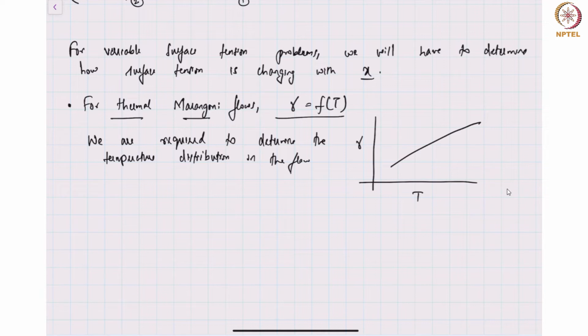We have now several equations. We have the momentum equations and the mass balance equations in both the fluids. We have necessary boundary conditions at the interface and at the walls or at infinity. And then finally we have, if surface tension is varying, we know how it is varying. For example, it could be varying because of temperature.